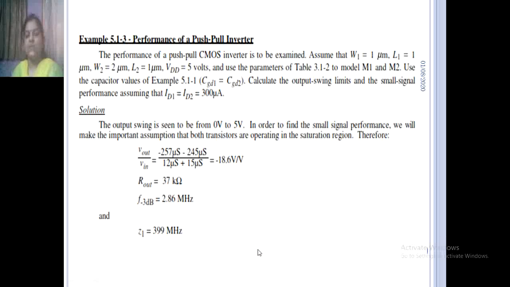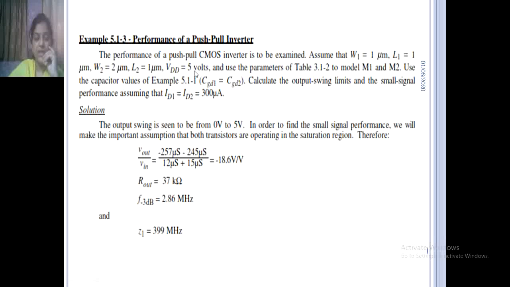Let us take one example which shows the performance of the push-pull inverter. The performance of a push-pull CMOS inverter is to be examined. Assume that W1 is 1 micrometer and L1 is 1 micrometer, with the ratios for the NMOS and the PMOS.